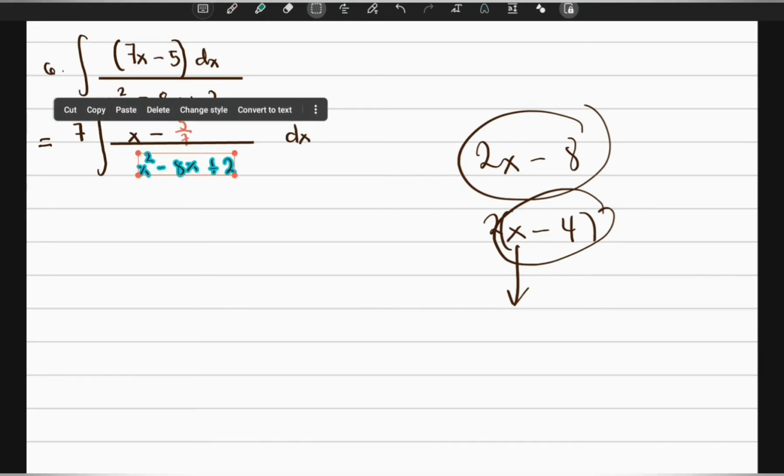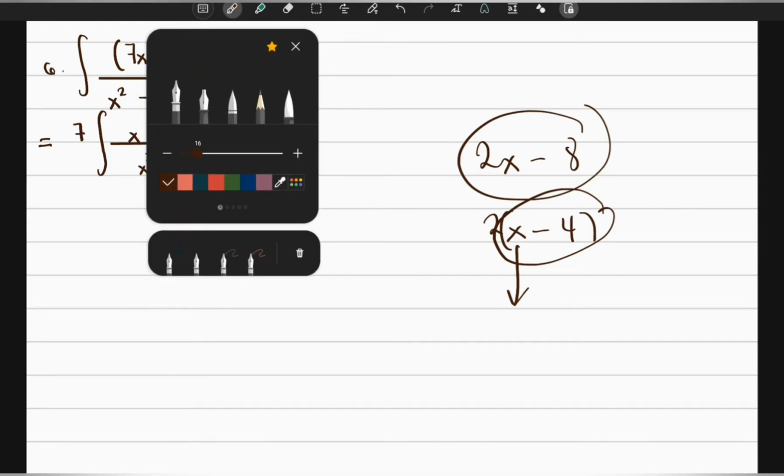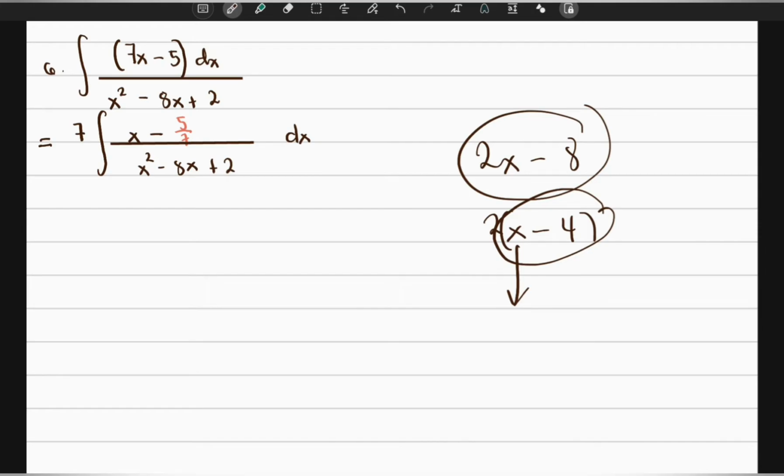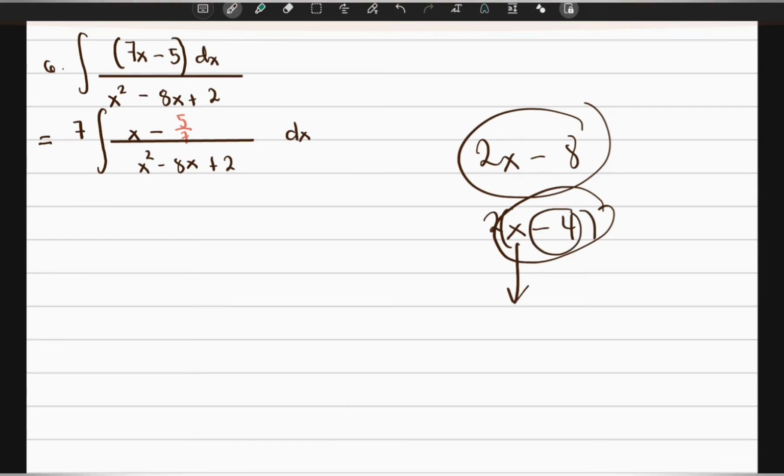Itong mga to. Ang gagawin natin dito is magdadagdag bawas tayo ng kailangan kasi itong negative 4. So, kung magdalagay tayo ng negative 4 dito, so dapat magdadagdag din tayo ng positive 4. Para 0 yung effect niyan. So, pag pinag-add mo yan, babalik ka lang din dun sa original given.